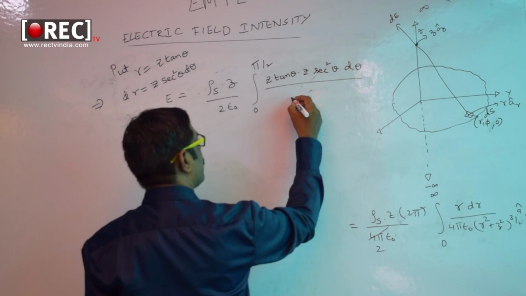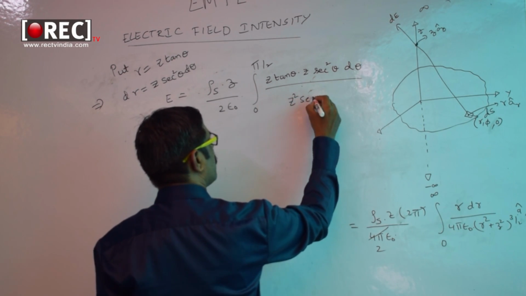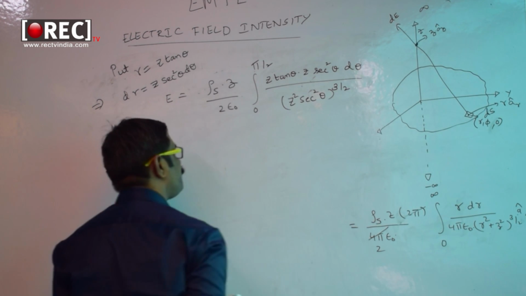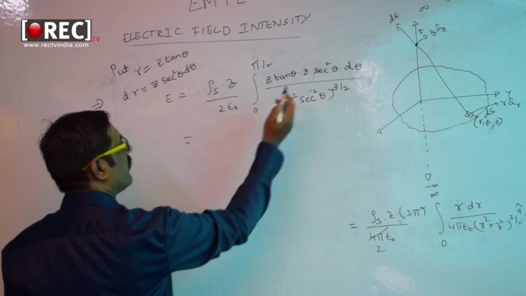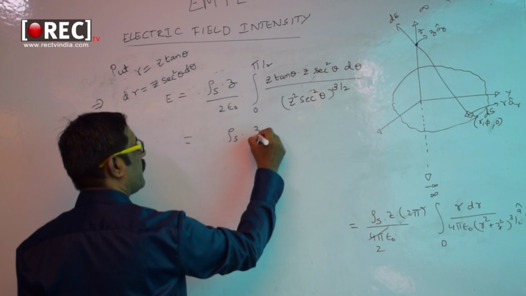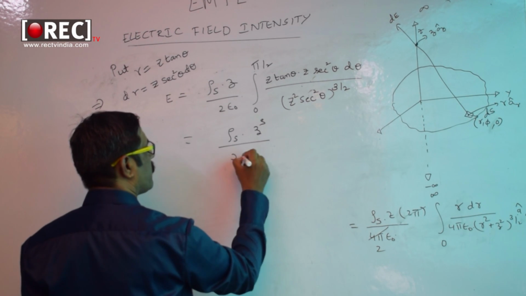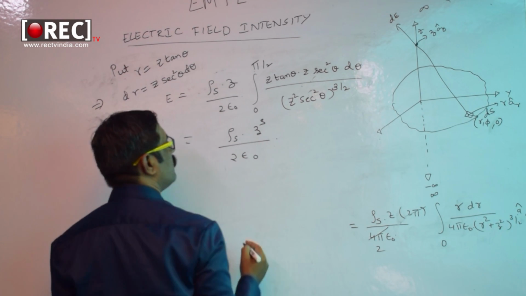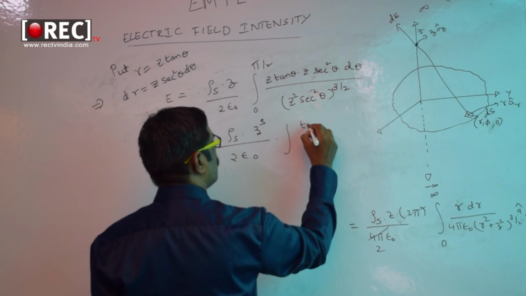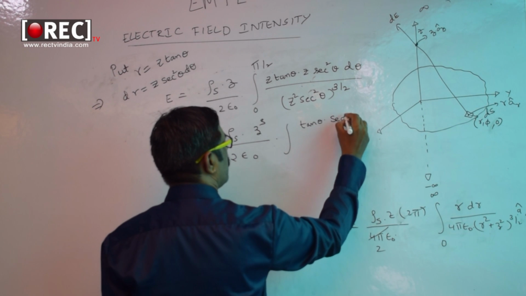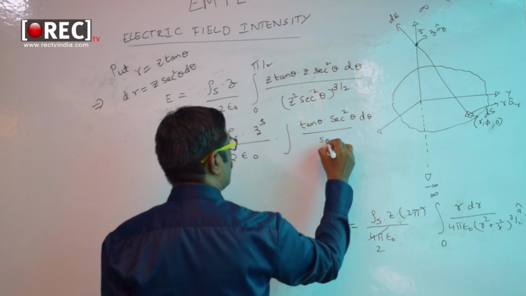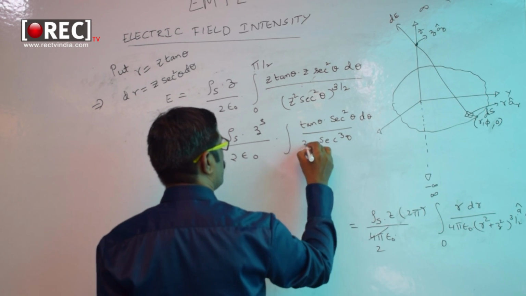So I can in total write it as z square secant square theta raised to the power of 3 by 2, and so we have got z into z into z, 3z, so it is rho s into z cube divided by 2 epsilon naught into tan theta into secant square theta d theta divided by secant cube theta into, of course, z cube.